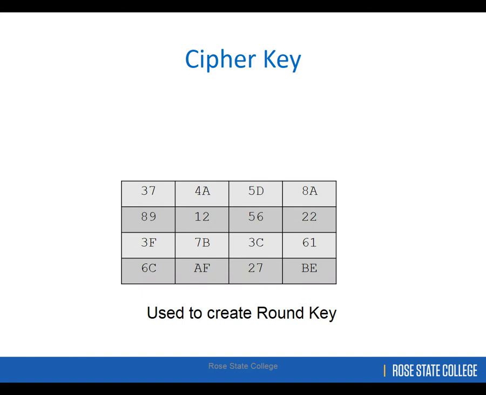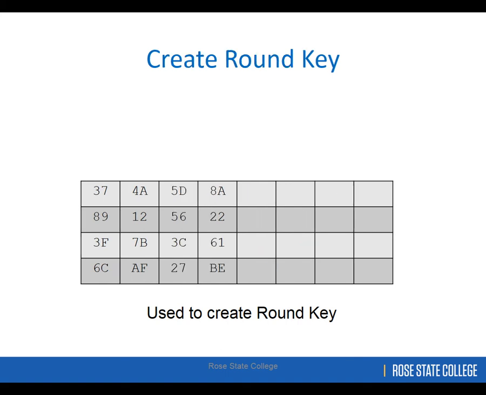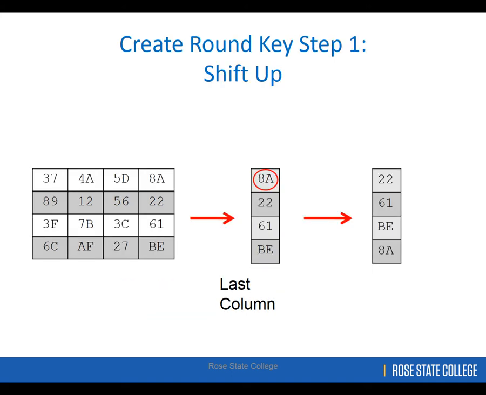Now we need a cipher key, and we're going to give you that. We're going to use this cipher key to create a round key out of it. So on the practice assignment, you'll see I give you the cipher key. What we do is we take the last column of the cipher key. You take that and you shift it up by 1.